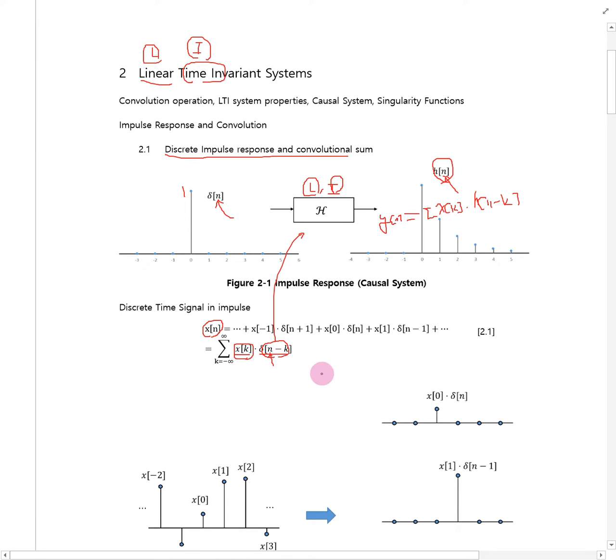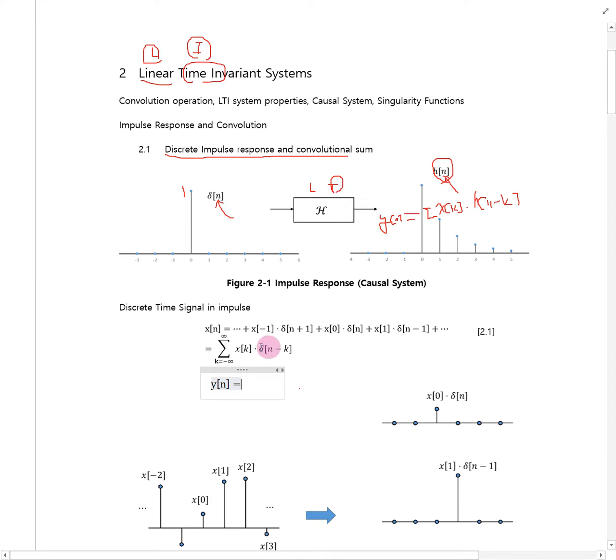Okay, I would like to rewrite the same things. Here we want to figure out the output of a system where the input is x[n]. x[n] is applied here, but x[n] can be expressed as a weighted sum of impulses. Then the system is linear and time invariant, and we also know the impulse response.